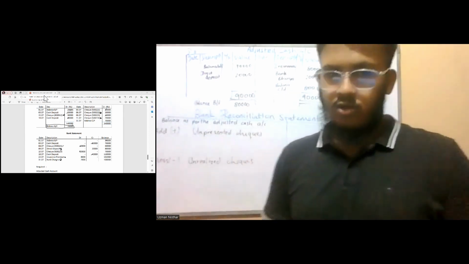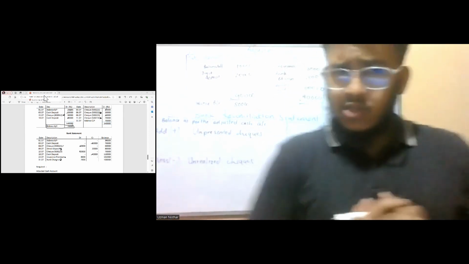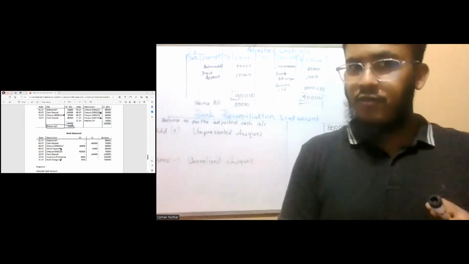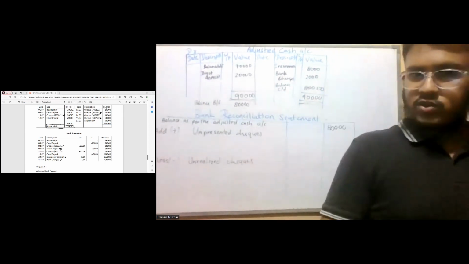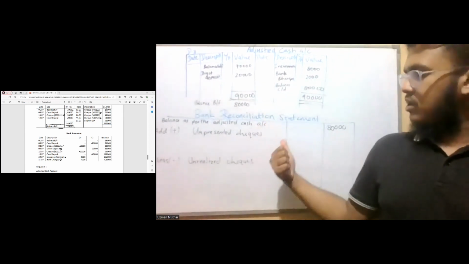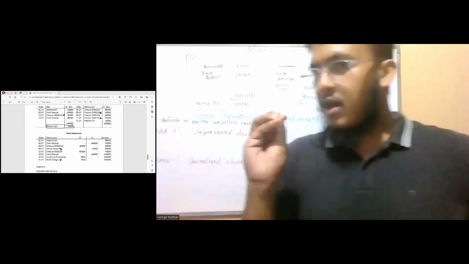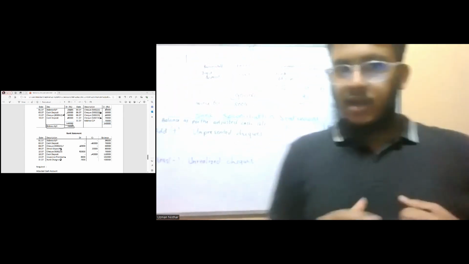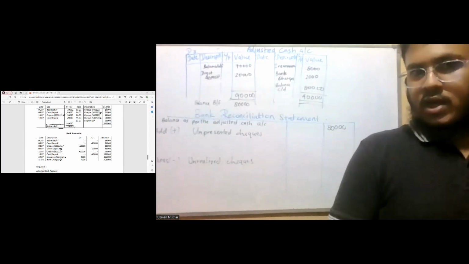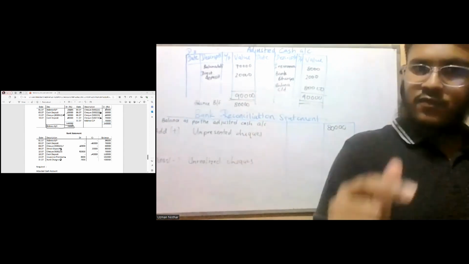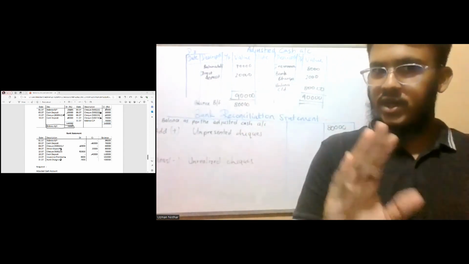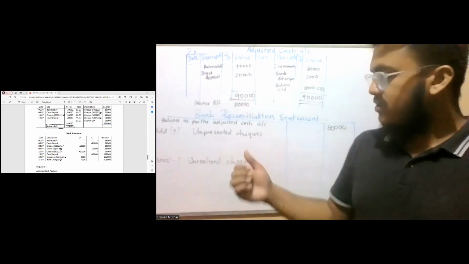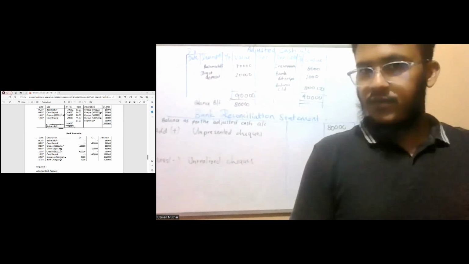If we have them, we should record them. So these checks can be found in the cash book only, because we are going to adjust the bank statement. As I have told you, unrealized checks can be found on the debit side of the cash book, and unpresented checks can be found on the credit side of the cash book.